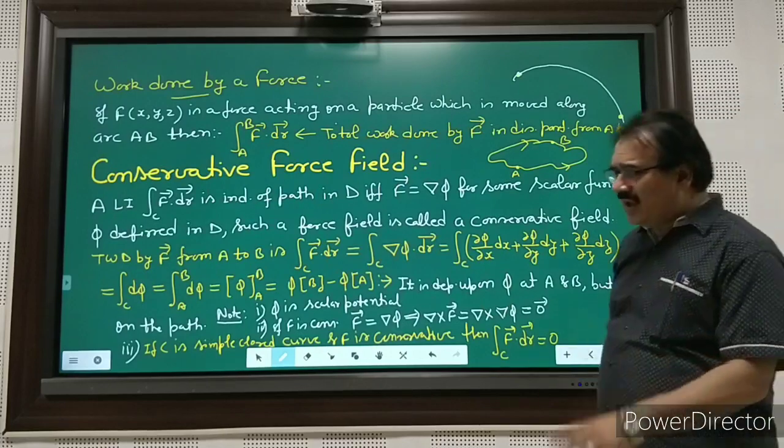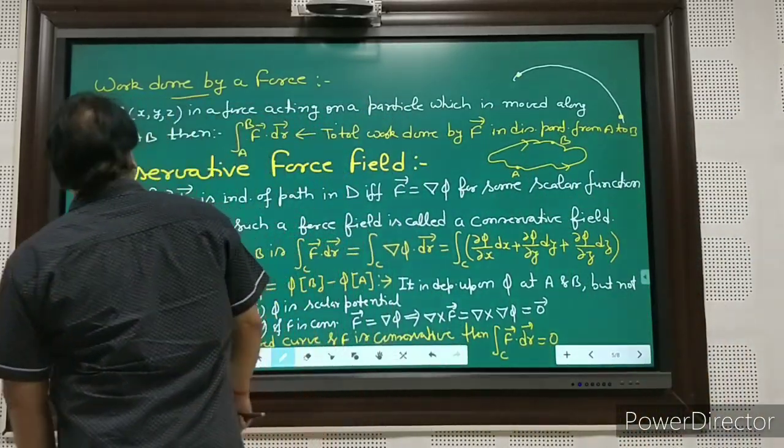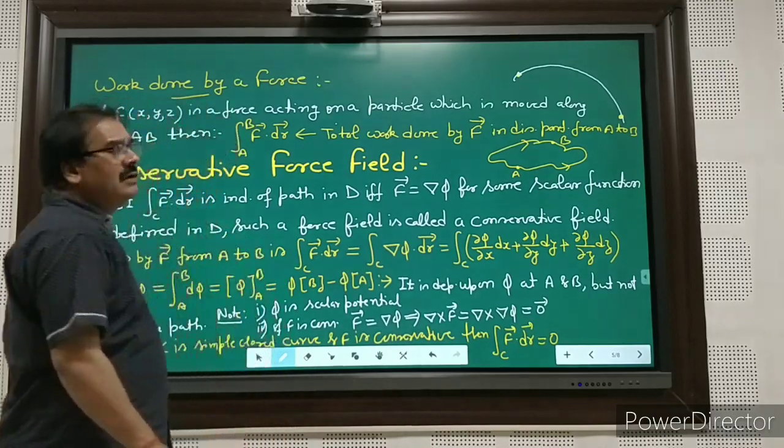Now, after line integral, there is an associated problem, which is to calculate the work done by a force.